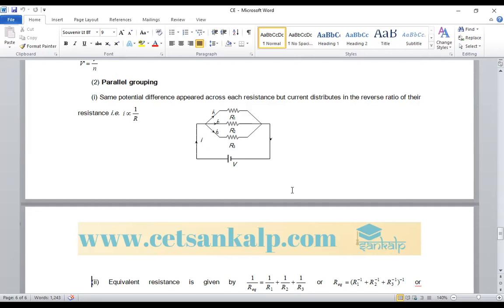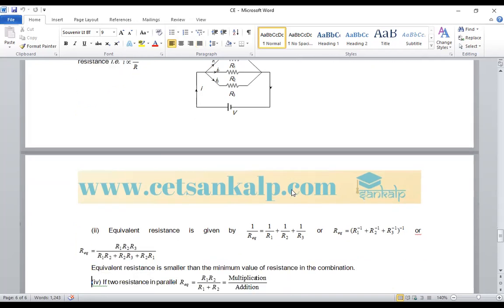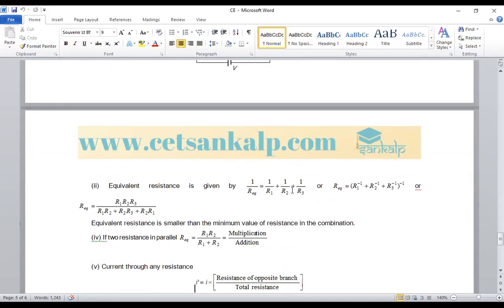There is no change in the potential difference, but current is different for different resistors. For each resistor the current varies, but the voltage is going to remain constant.